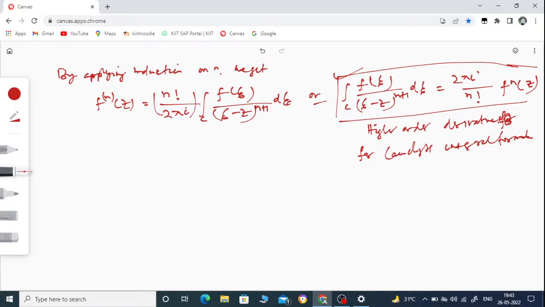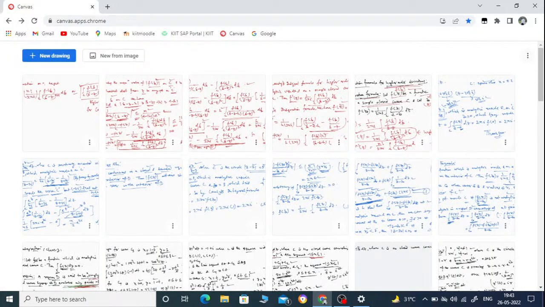Before going to that problem, I will tell you what Cauchy's inequality is. So now comes another page. What is Cauchy's inequality? First, I will tell its statement.